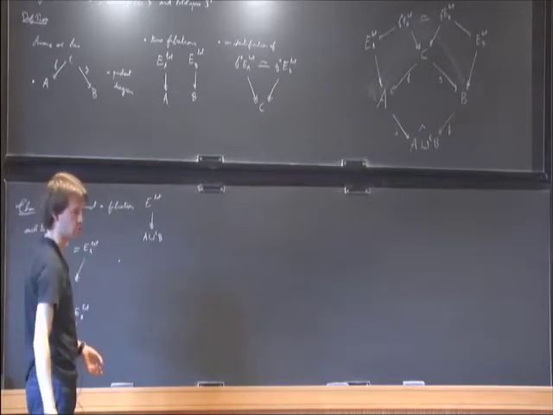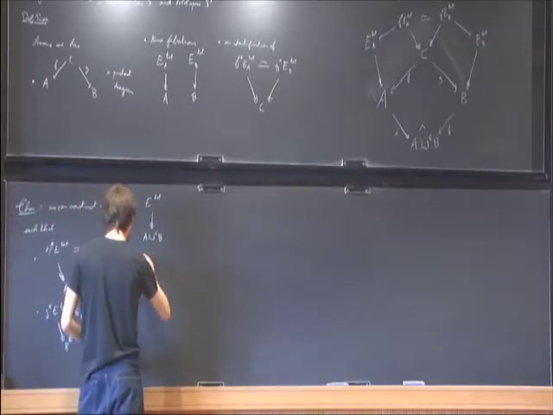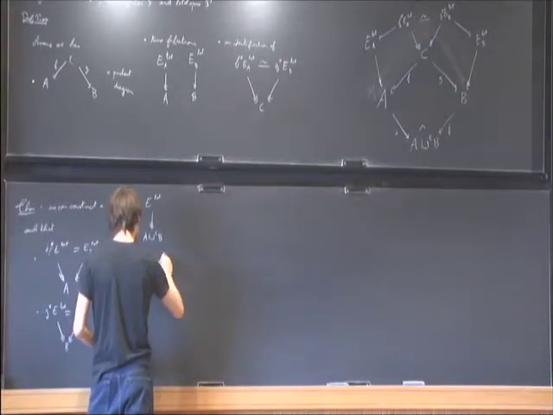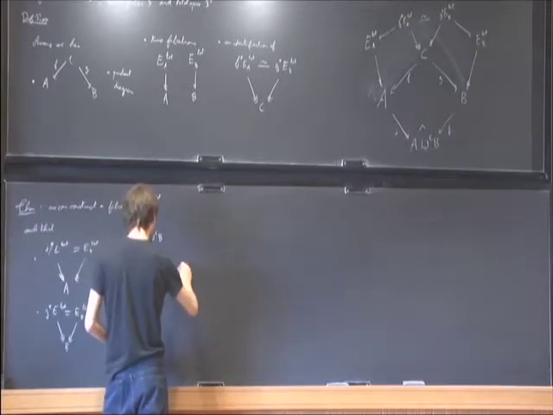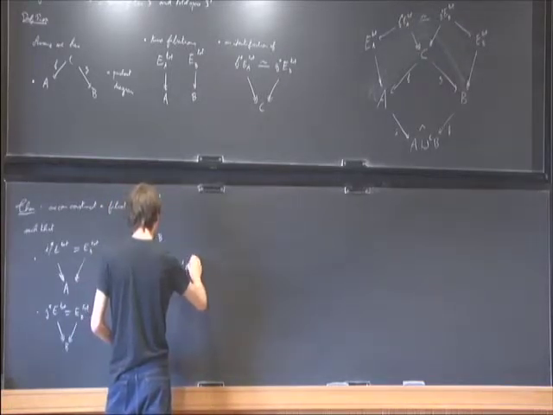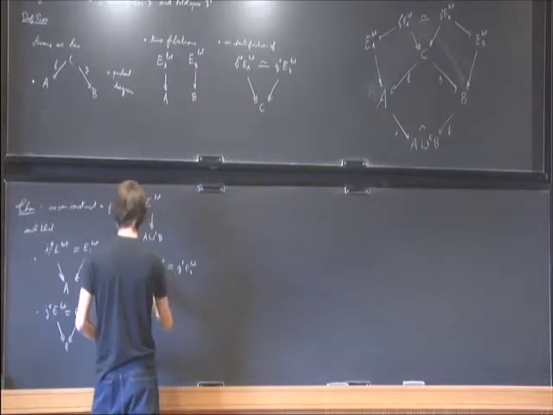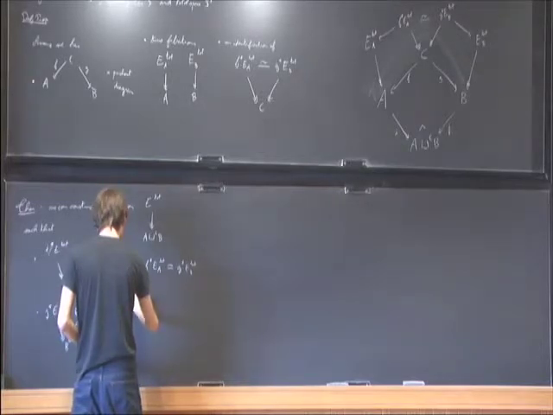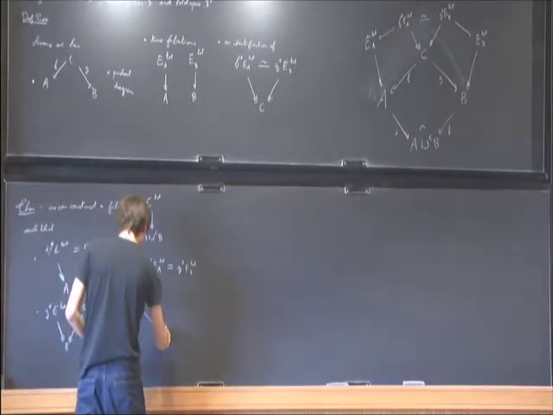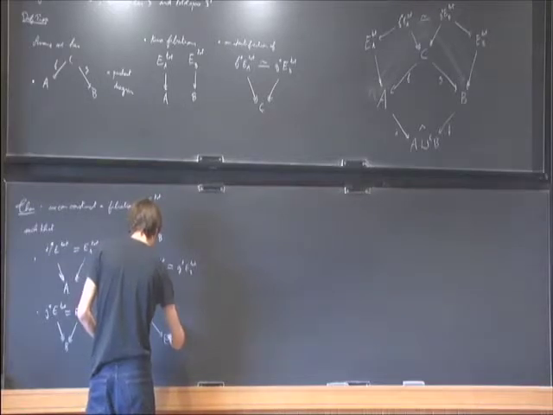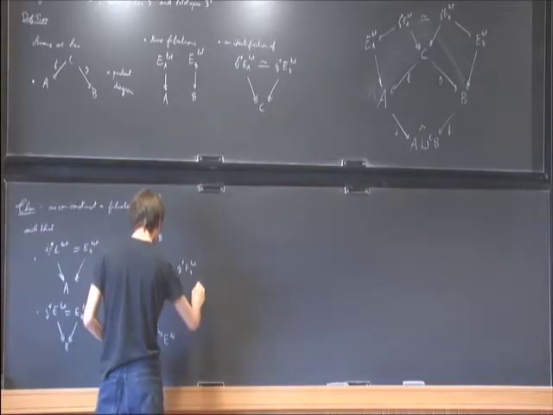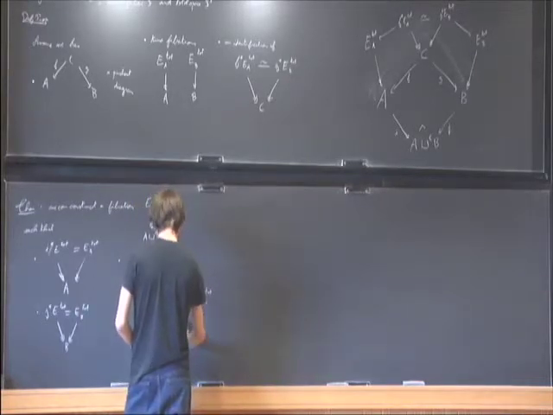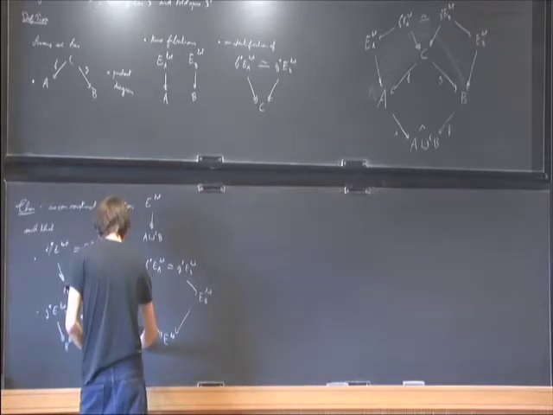And finally, the upper square commutes. So we have a square that commutes.